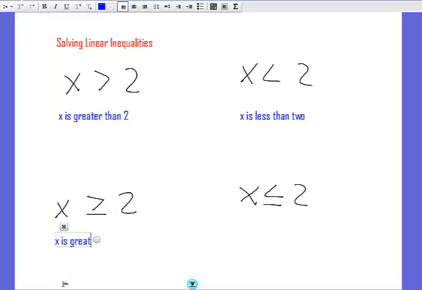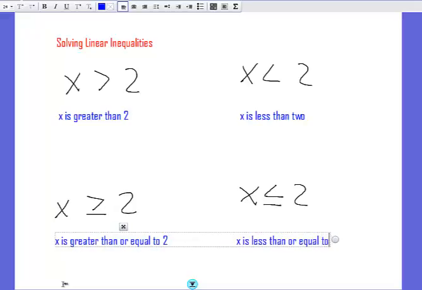X is greater than or equal to 2. X is less than or equal to 2. And those are the 4 types of inequality symbols.